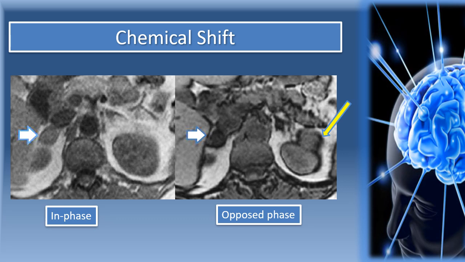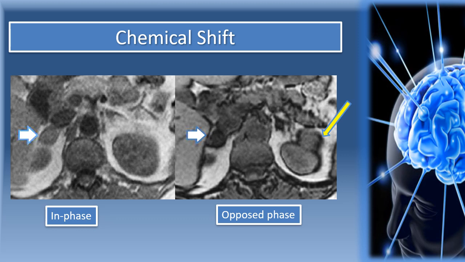We notice the yellow arrow refers to a dark line. You can find this dark line in almost all of the image. It is present surrounding the upper pole of the left kidney, the inferior margin of the pancreas, and the inferior surface of the liver. So this is what we call the India ink artifact.